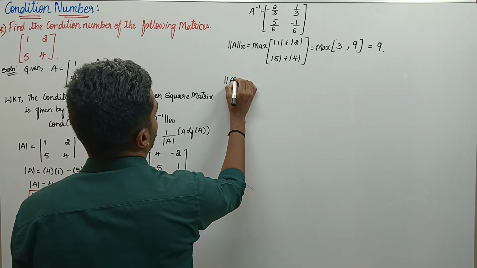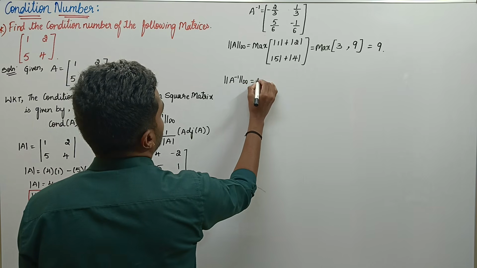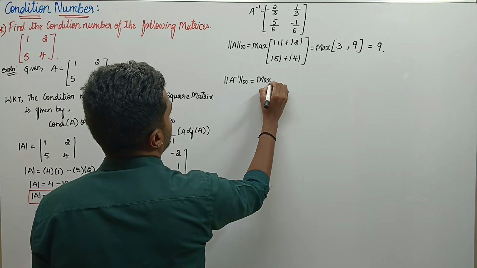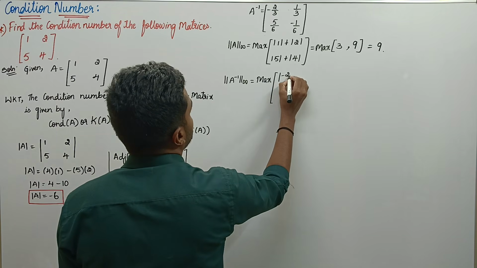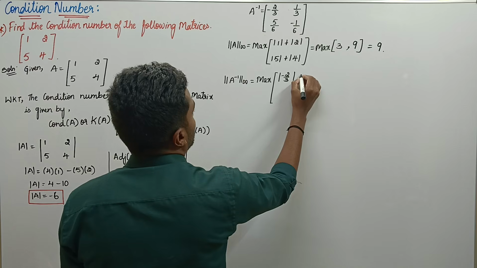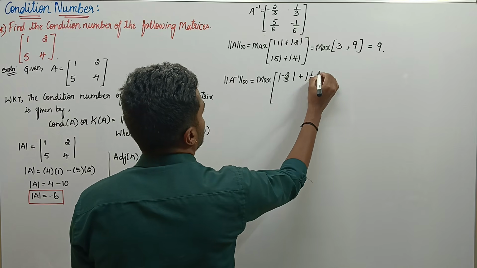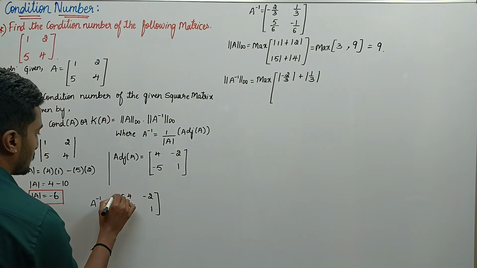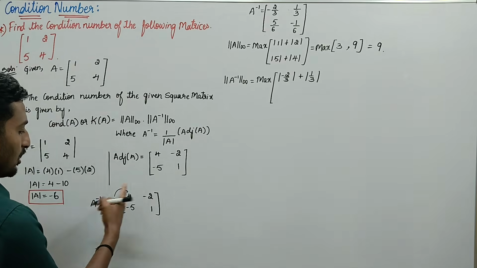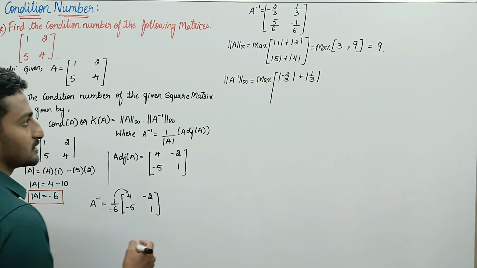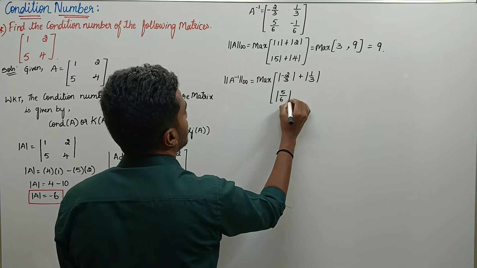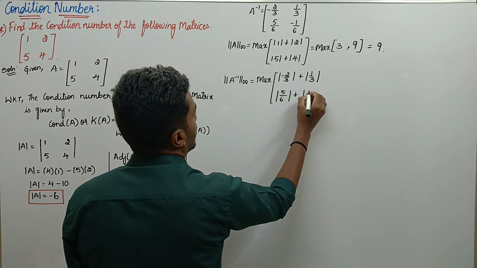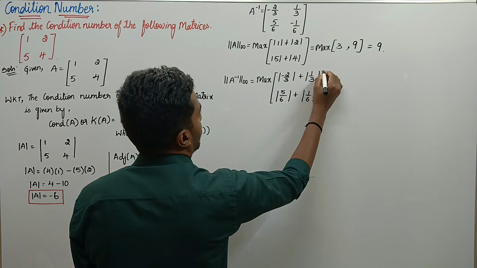Similarly, norm A inverse infinity is equal to the maximum of modulus minus 2 by 3 plus 1 by 3, next modulus 5 by 6 plus 1 by 6.